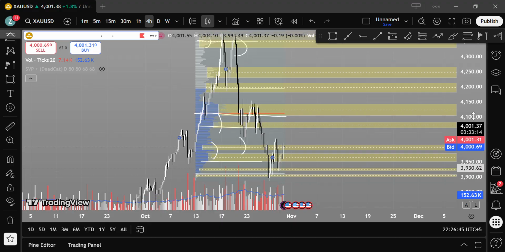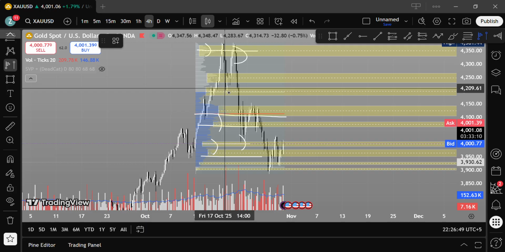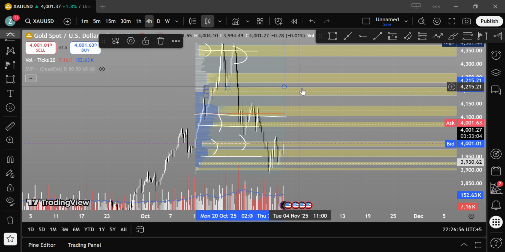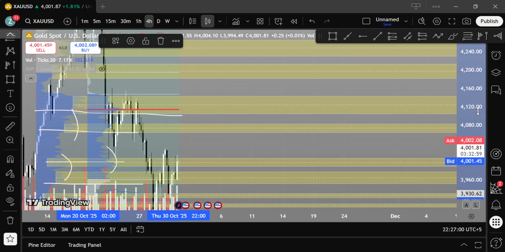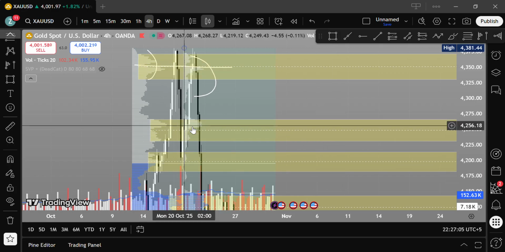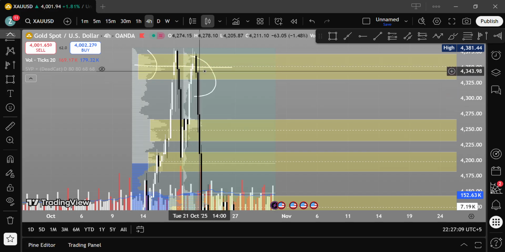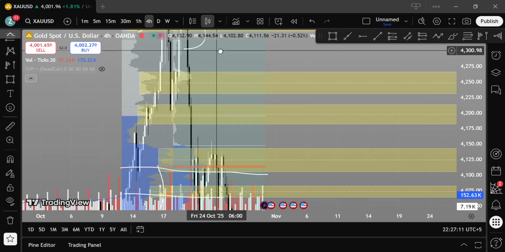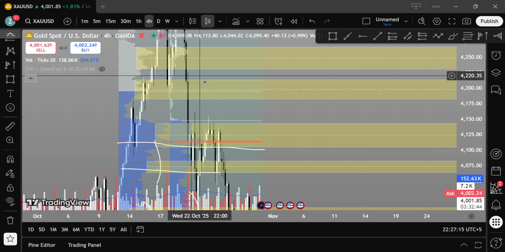If we go to the date of the 20th of October, from here to today's date, right now I will be zooming. Now you can see the same volume bump is here and the same volume bump is right on this spot too, and if we go a little beyond that we can see a bump here but a low volume node here.